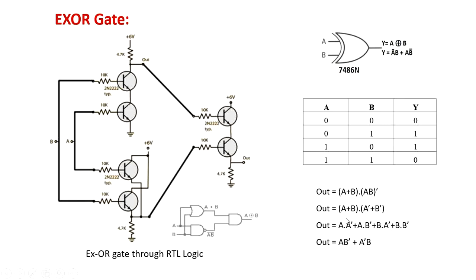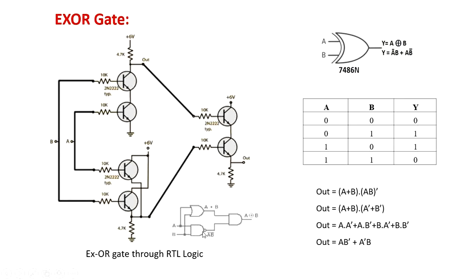As you know, A dot A bar is equal to 0 and B dot B bar is also equal to 0, so the output will be A B bar or A bar B, which is the equation for the XOR gate. This OR logic you have already studied, and I'll explain later on.